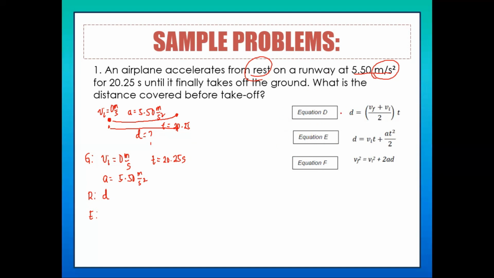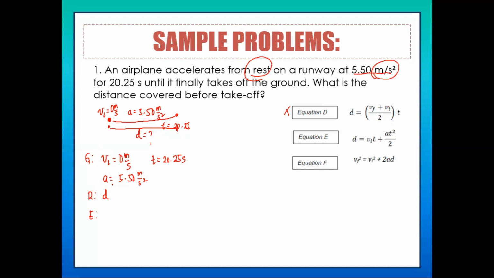If we use equation D, let's see if all of these variables are present in our given and required. Do we have v sub f in the given? None. Do we have v sub i? Yes. Is there acceleration here? None. But there is time. But we will not use this because some variables are not present in our given.